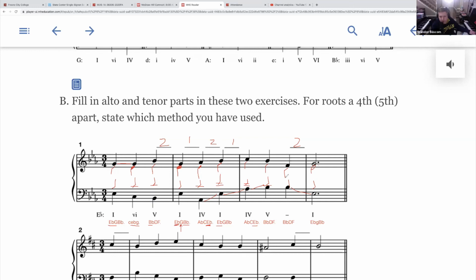Well, we couldn't have because this would be way number 1, because I have the common tone in the tenor. Oh, wait a second. I've got a screenshot somewhere. I think we doubled the D. Did we double the third? Is that what we did?